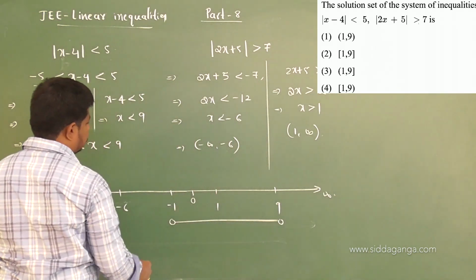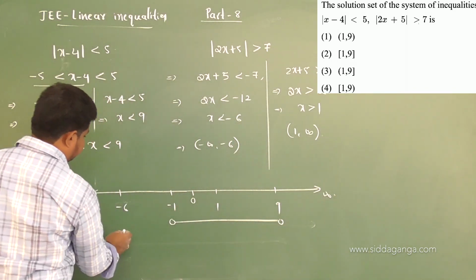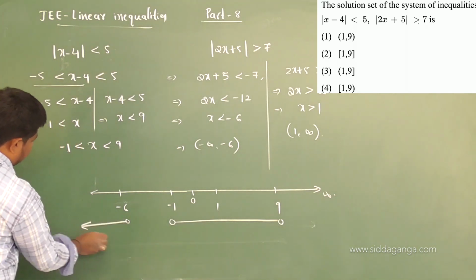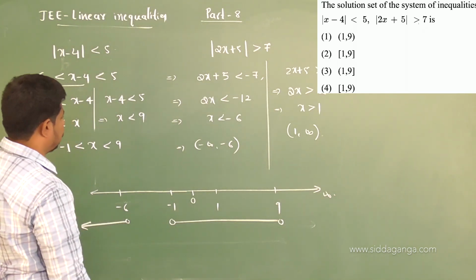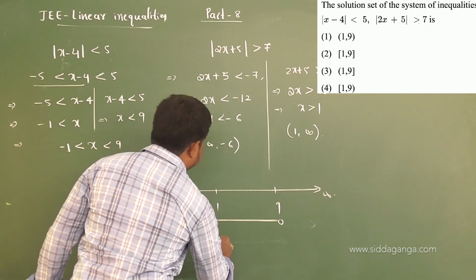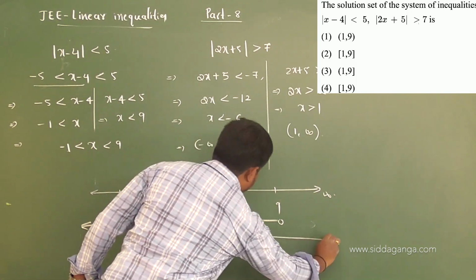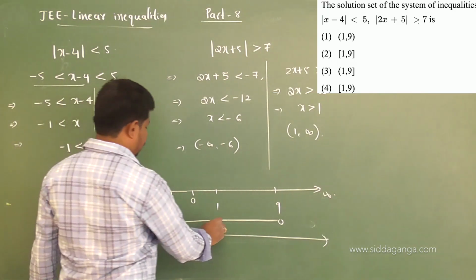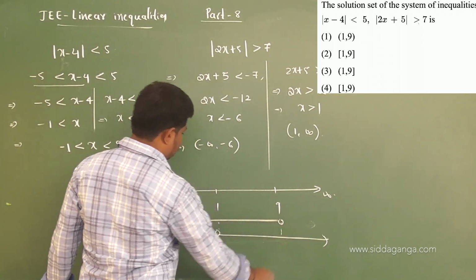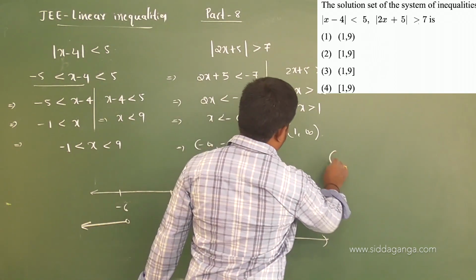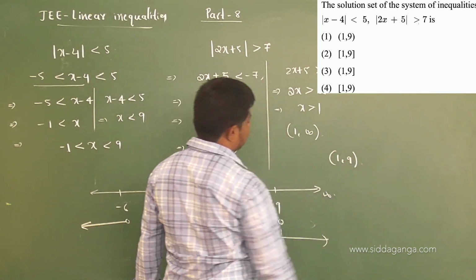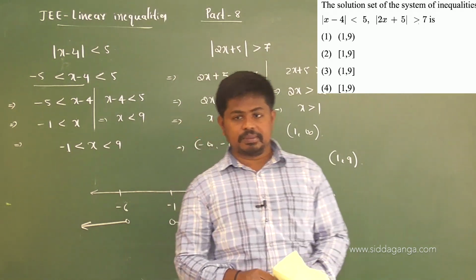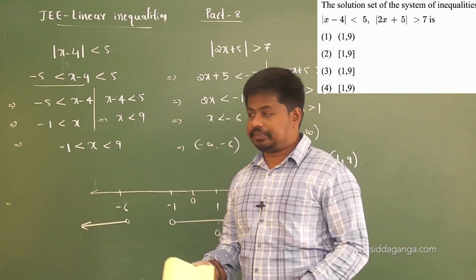In the second case, minus infinity to minus 6 and 1 to plus infinity. Now look at the common values, starting from between minus 1 and 9. So the open interval 1 to 9 is the required answer. So option first is the correct one.